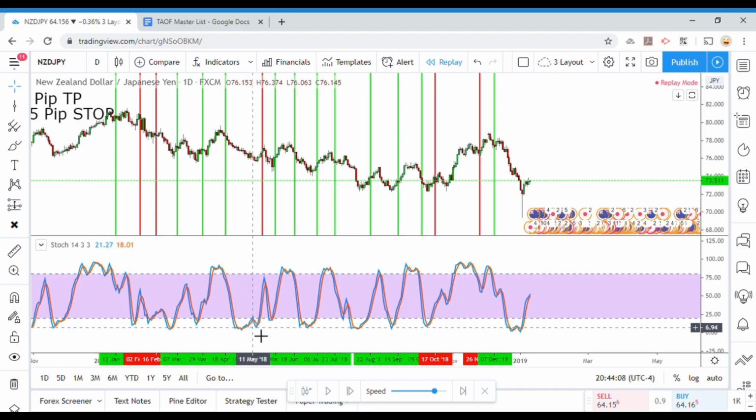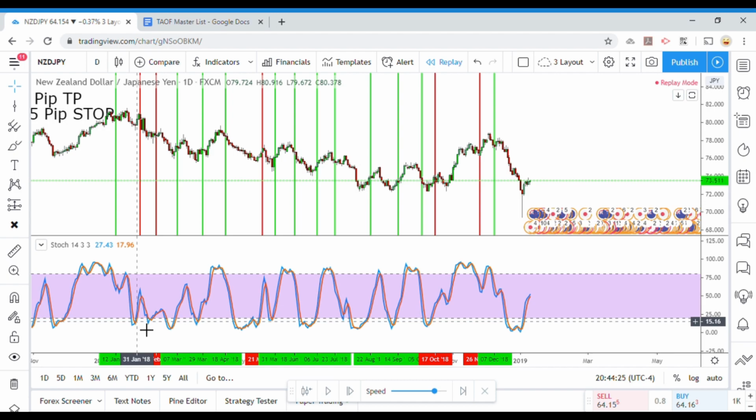Having a good space between your buy signal line and your sell signal line gives you the ability to add a little buffer there to where you're not getting whipsawed up and down, back and forth.